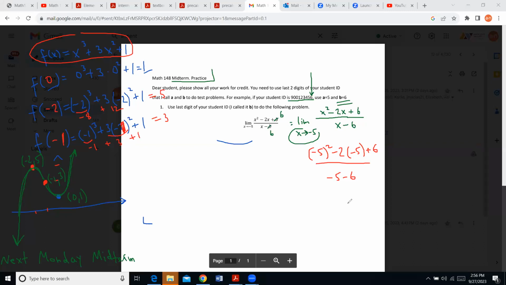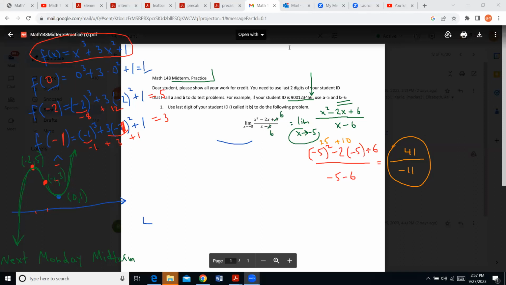For this particular example, your denominator is going to be just -11, right? -5 minus 6. And the numerator is 25 plus 10 plus 6, so it'll be 41. So that's your answer for this limit. When you plug the number in, you just get something out, and if it's not an indeterminate form, then you have the answer.